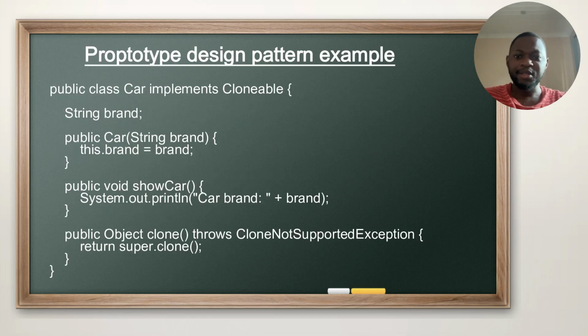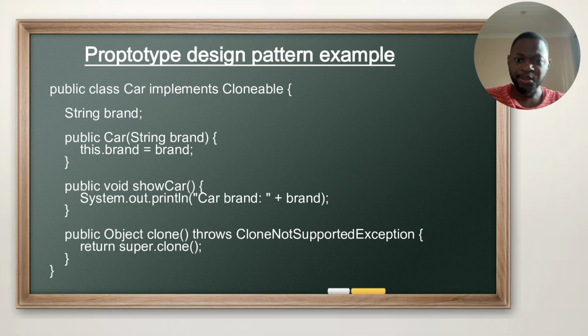Let's go to the next slide. On the slide we have a prototype design pattern example, which is our car class. It implements the Cloneable interface, indicating that we want the car class to be cloneable. Below we have our brand attribute, and below that our car constructor that takes in the brand string and sets our brand attribute.